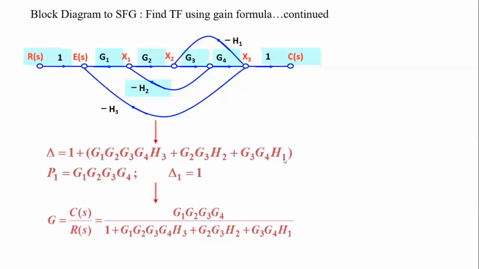Delta 1 will be 1 plus G3 G4 H1. G3 G4 H1 is outside that forward path, so you have to retain that value. So delta 1 will be 1 plus G3 G4 H1 if you are finding the ratio X1 by R.